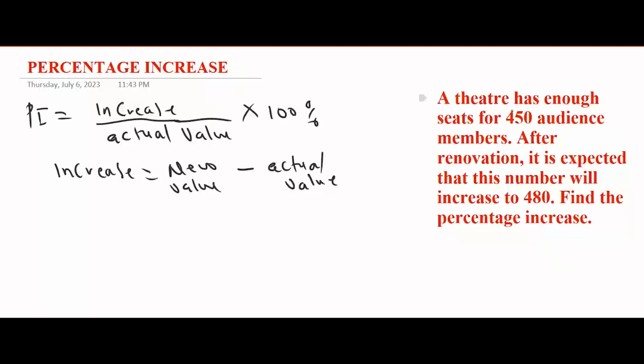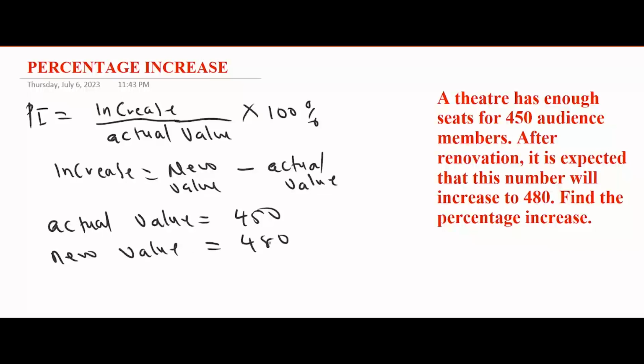A theater has enough seats for 450 audience members. So the actual value will be equal to 450. After renovation, it is expected that this number will increase to 480. So that means the new value will be equal to 480.